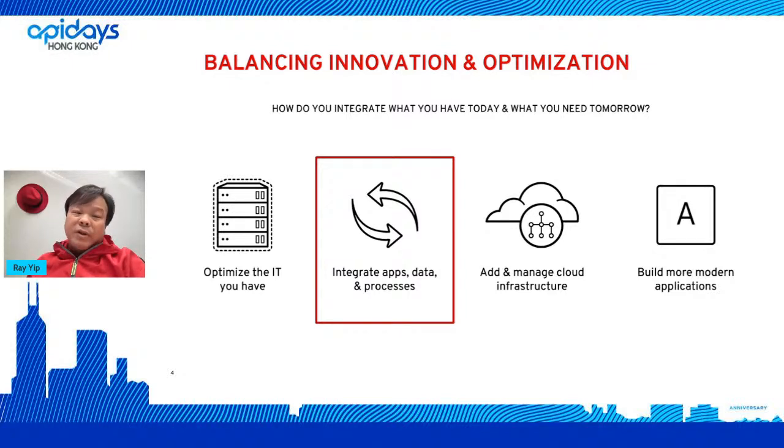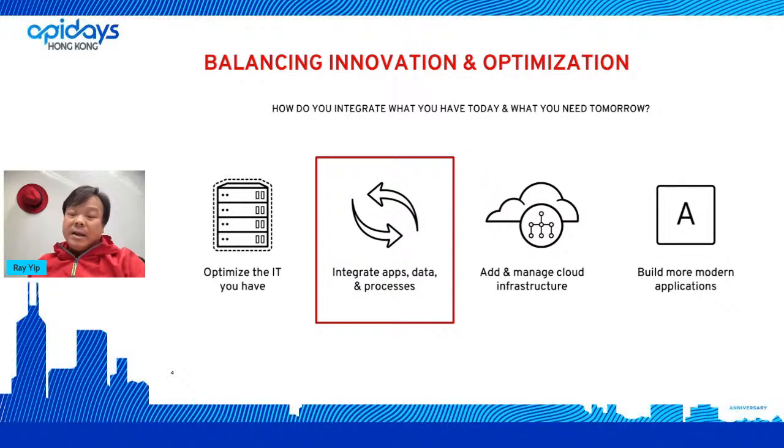In such cases, we try to declare the solution for their digital transformation in four sections. First is to optimize the IT you have, the traditional resources, so they can continue to add value.